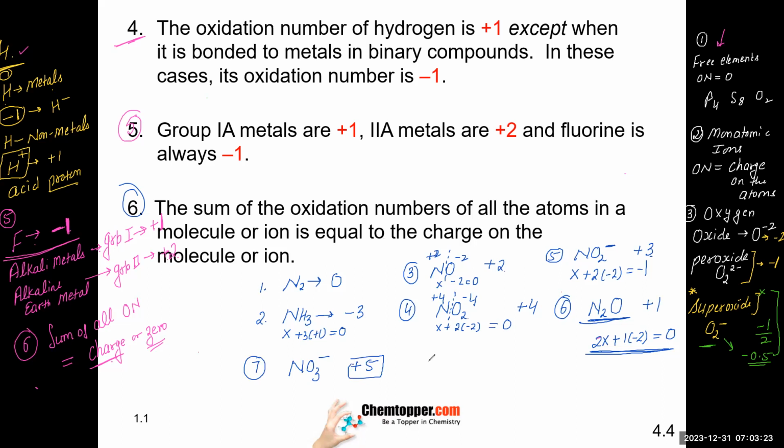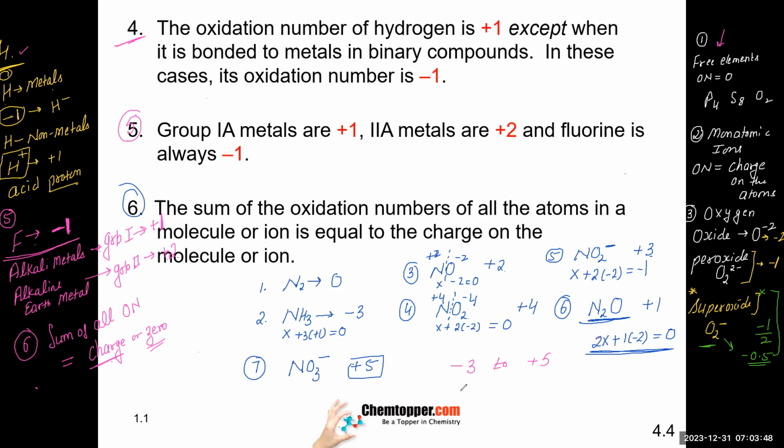Can you tell me the range of oxidation numbers here? The range. The lowest oxidation number to the highest oxidation number. Lowest means the most negative. What is the range? Yeah, minus 3 to plus 5.